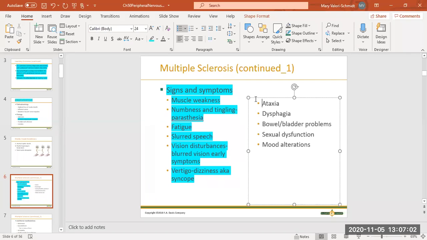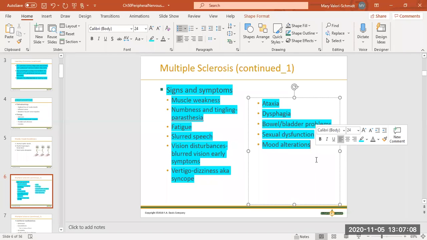And then they'll have, some of these symptoms look familiar, ataxia, that weird, shuffling gait, dysphagia, trouble swallowing, bowel and bladder problems. They will have difficulty because remember, for you to be able to hold them, right? So, oh, I got to go to the bathroom, but you can wait until you get to the bathroom before you go, right?